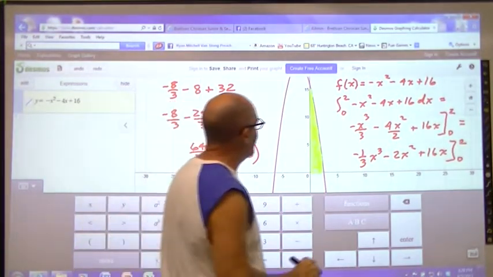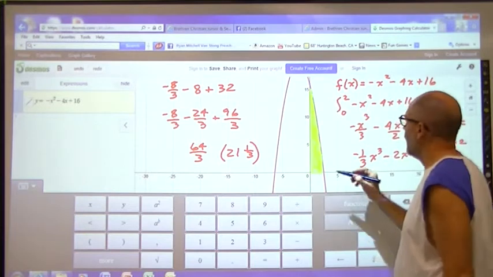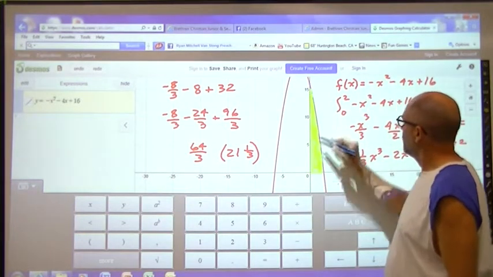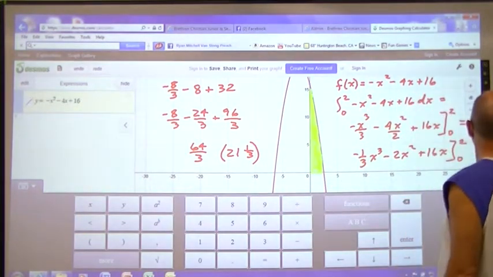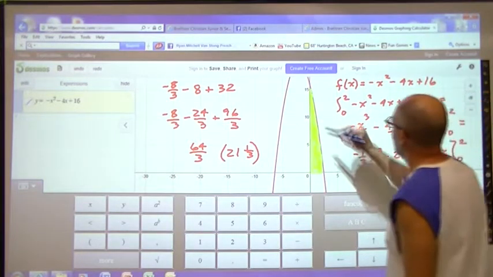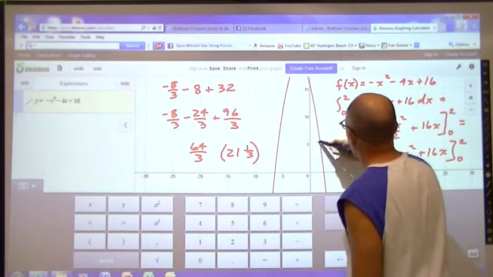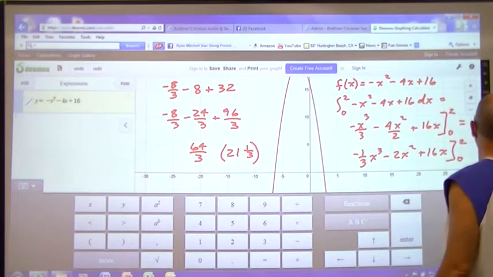Well, let's see if that makes sense. This area here, from 0 to 2, let's get rid of this. It's kind of obscuring things.